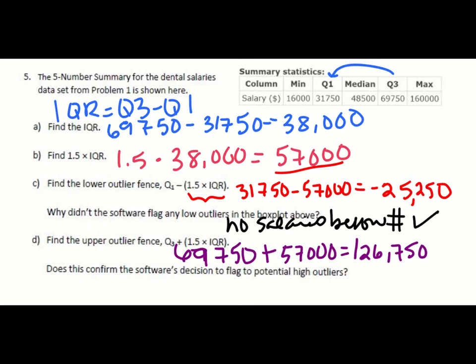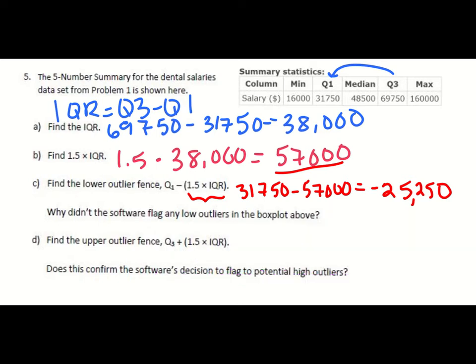So remember you had 2 salaries, the 2 dentists. Check, yes, they are outliers. So the software did flag them correctly. If you go back and look up on your screen, there were 2 dots that were outliers. Those 2 dots on the top of your screen were outliers.